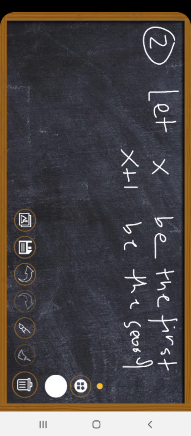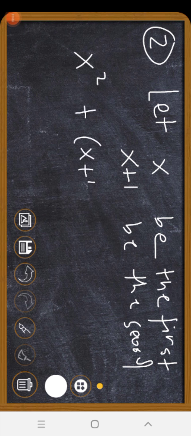The sum of the squares, so we have to square the first number, added to the square of the second number, which is the quantity x plus 1 squared, is equal to 25. So this is our equation here, and we are to solve for x. We are looking for that first number, and afterwards we're looking for the second number.